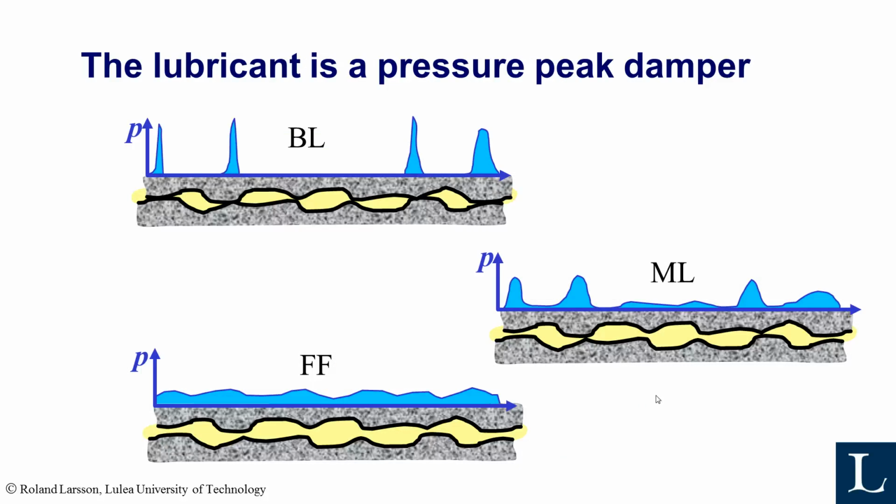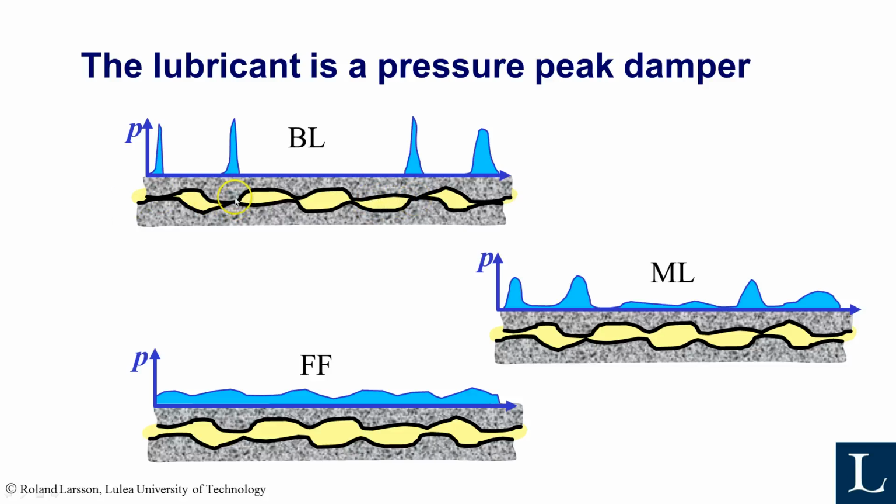I made this picture some years ago to think about how good the lubricant is, the reason why we lubricate. If you have full film lubrication, the roughness on the surfaces, when one of the surfaces moves relative to the other one, the fluid film pressure will vary up and down because of that, of course. But those variations are much smaller than what you can see in the boundary lubricated contact, where all load is carried by the contact spots themselves.